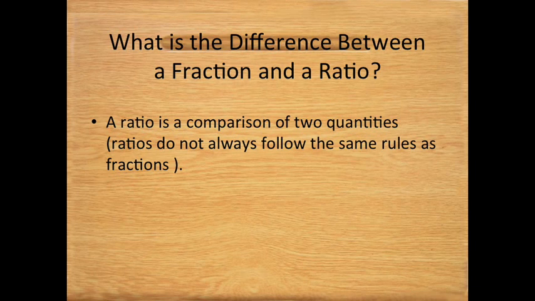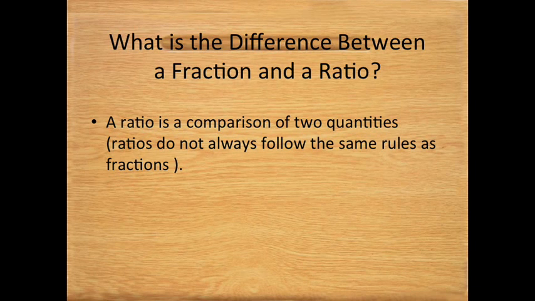Another distinct difference between a ratio and a fraction is that with a fraction, I can add, subtract, multiply, and divide fractions. With a ratio, I cannot add or subtract if it's different units, if it's a comparison.